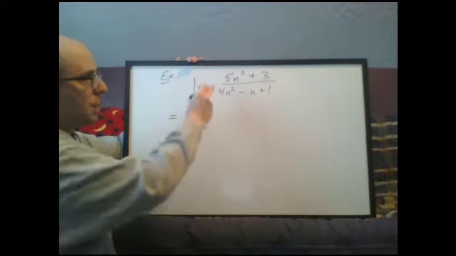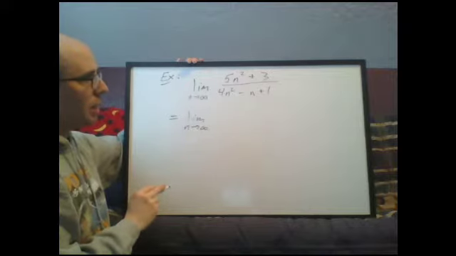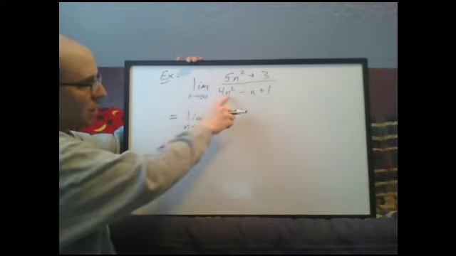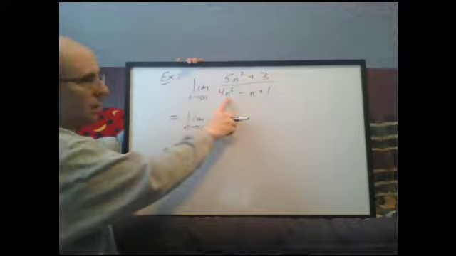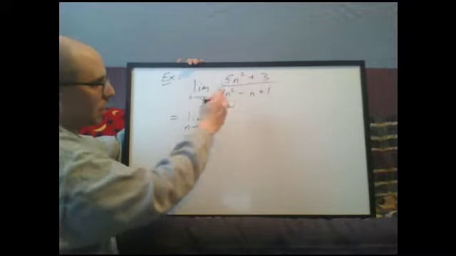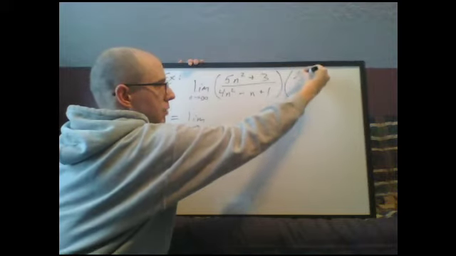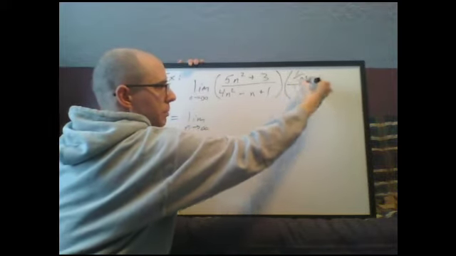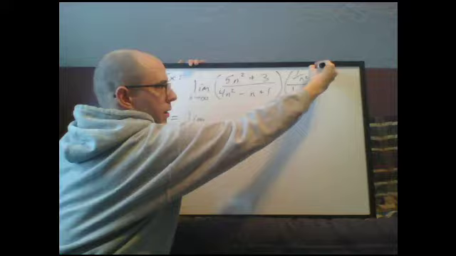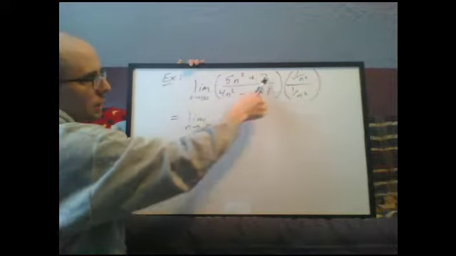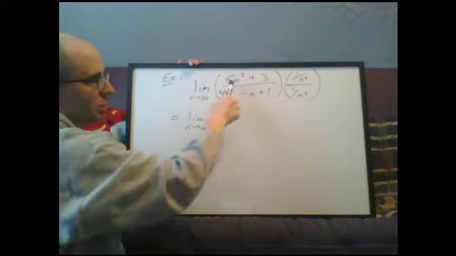if we manipulate this fraction by dividing every single term by the largest power of n on the top and the bottom. So I'm dividing by n squared on the top, and I'm dividing by n squared on the bottom, distributing these 1 over n squareds.